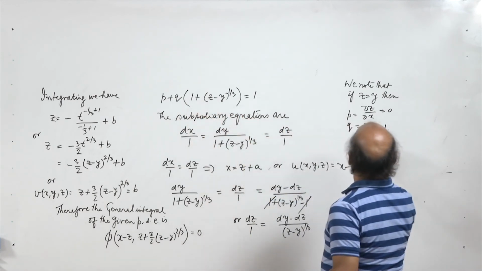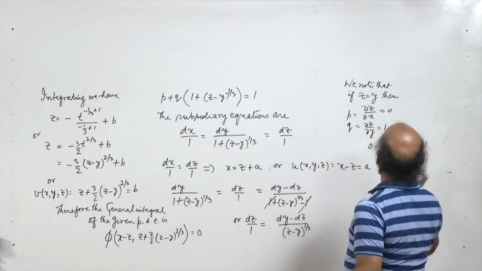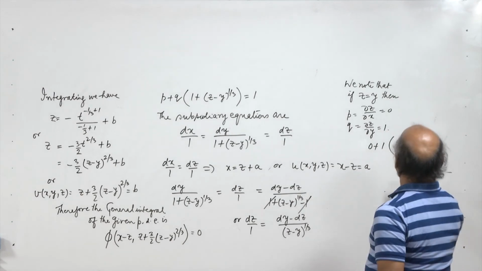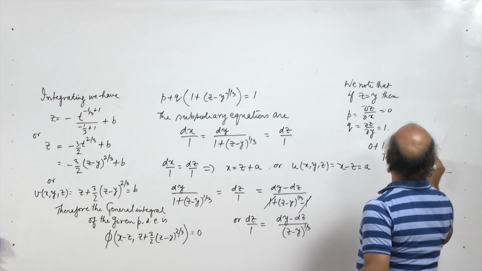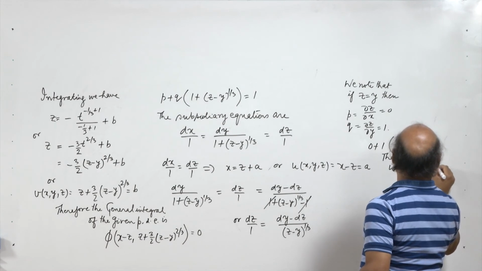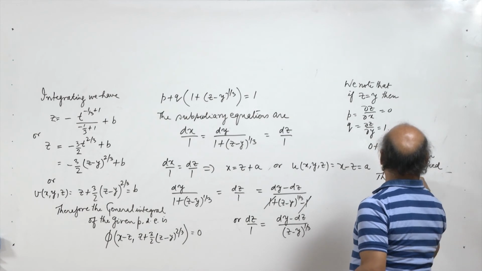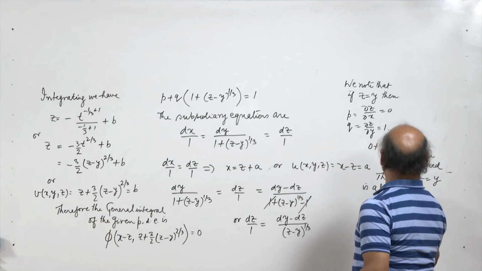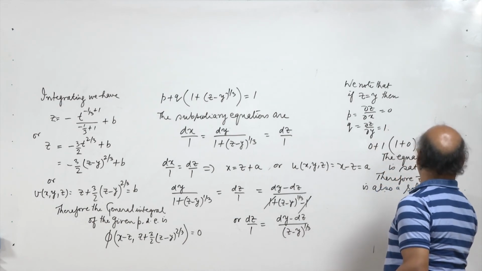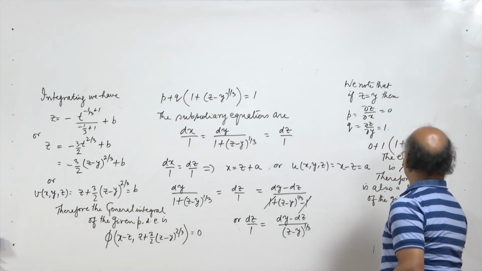So we will get 0 plus 1 into 1 plus 0 equal to 1, and therefore the equation is satisfied. And therefore z equal to y is also a solution of the given partial differential equation.